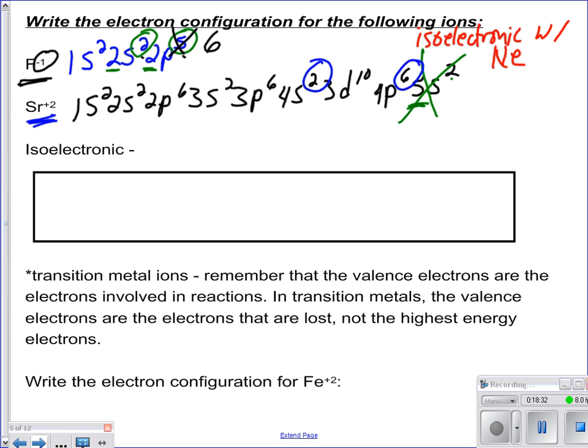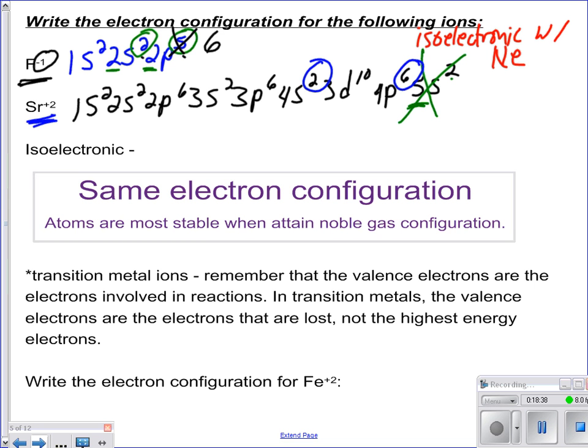So what do you think isoelectronic means? Good, good. So isoelectronic means same electron configuration. There's a place to write that down. Same electron configuration. And what we end up seeing is that atoms are most stable when they get the same electron configuration as a noble gas.